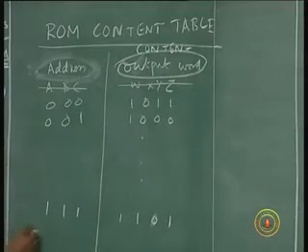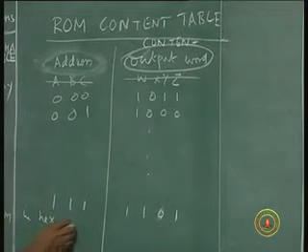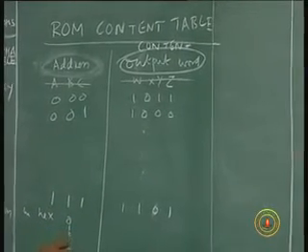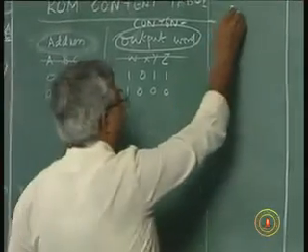So this will be in hex. In hex you should write. It will be 0, 1, 2. ROM content table in hex.